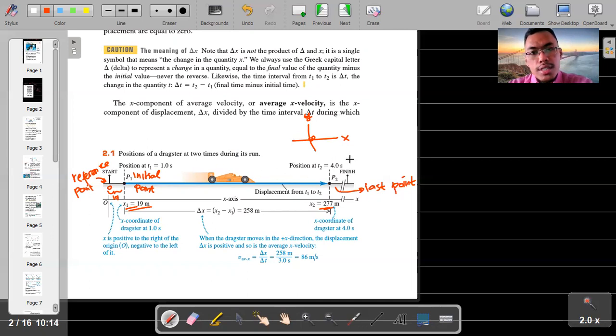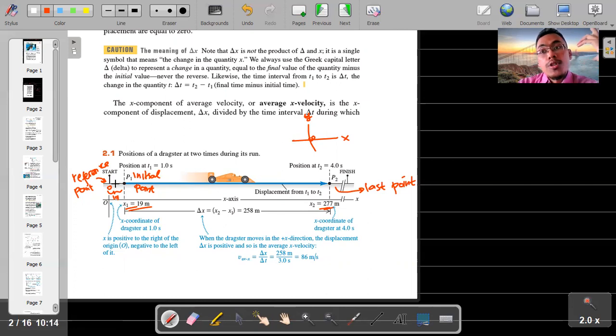Not 4 seconds, but when the car moves to point P1, the time is recorded at 1 second. The car starts from the start line, and at that time, t is recorded as 0 seconds, because the car is on the start line.